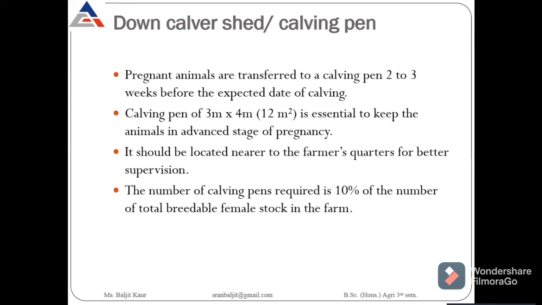The size of the calving pen should be 3 by 4 meters, or you can say 12 square meters, to keep the animals in advanced stages of pregnancy. It should be located nearer to the farmer's quarter for better supervision, so that farmers can supervise these pregnant animals carefully. The number of calving pens required is 10% of the total number of breedable female stock in the farm. So this is the number that is required for calving pens.